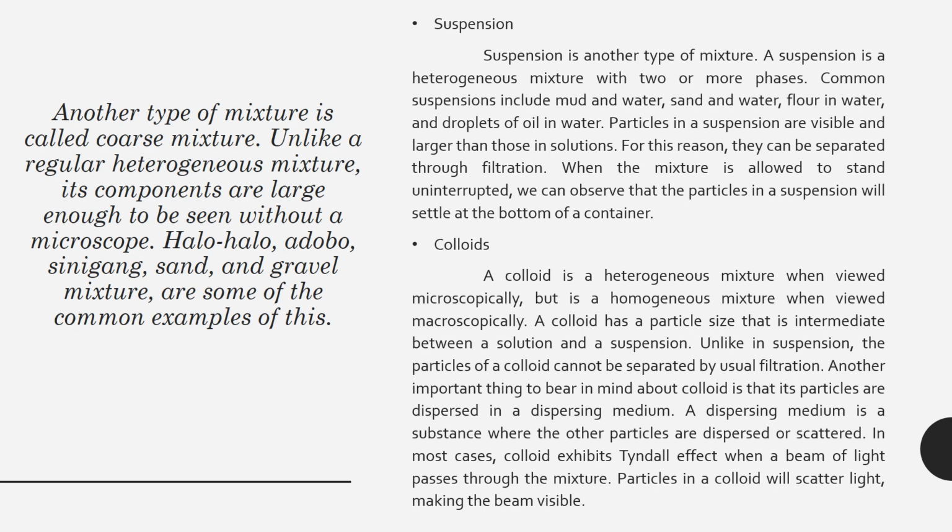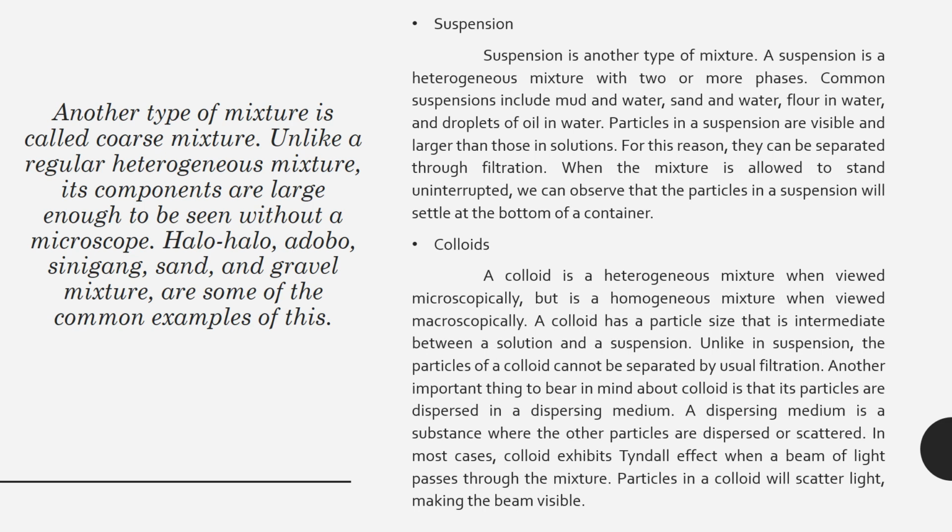Unlike in a suspension, the particles of a colloid cannot be separated by usual filtration. Another important thing to bear in mind about a colloid is that its particles are dispersed in a dispersing medium. A dispersing medium is a substance where the other particles are dispersed or scattered.